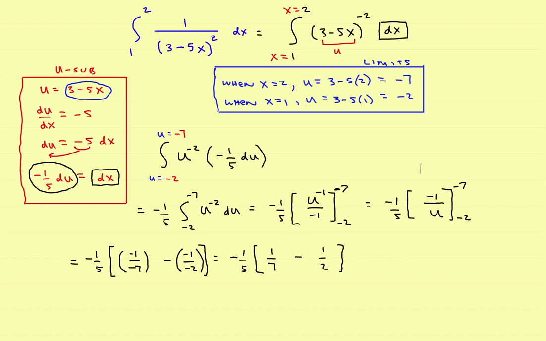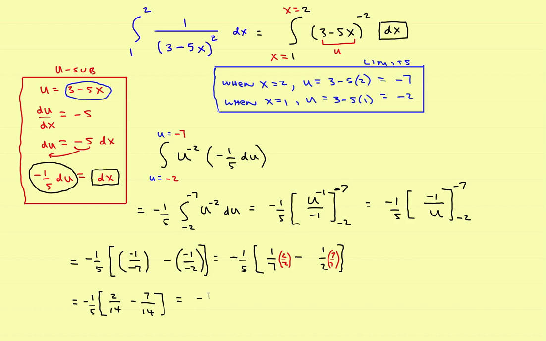Now I'm going to get both those over a common denominator. So a common denominator would be 14, so I'll multiply this one by 2/2. Multiply this one by 7/7, just to get them to a common denominator. So what that's going to give me would be -1/5 of, this becomes 2/14 minus 7/14.